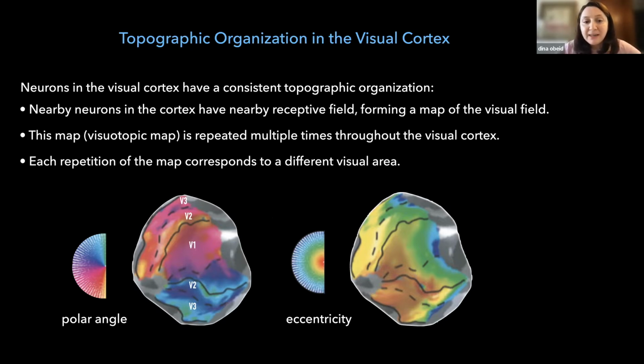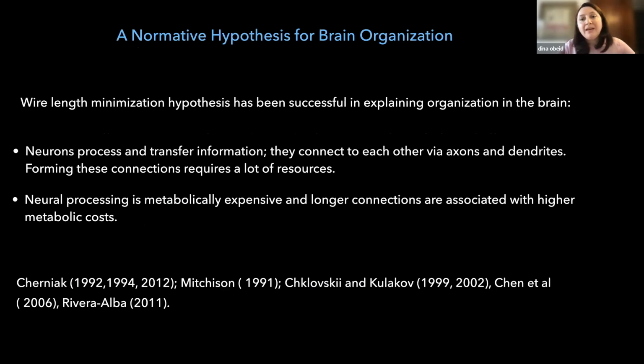The underlying mechanism behind such organization is not very well understood. However, there is a hypothesis that has been successful in explaining organization at different levels of the nervous system, which is the wire minimization, or wire length minimization, hypothesis.